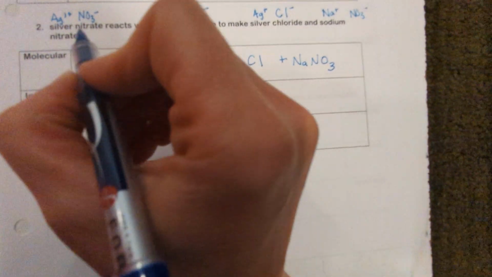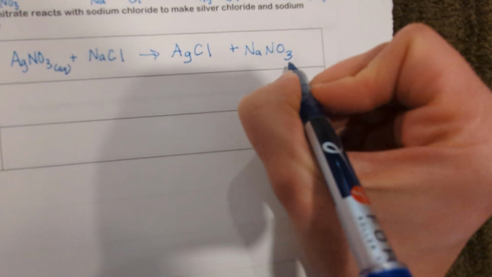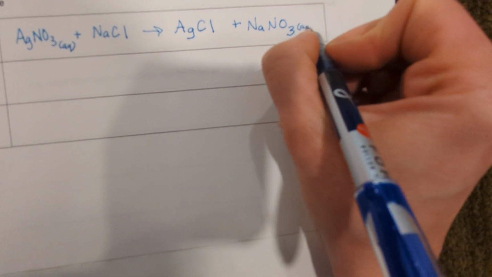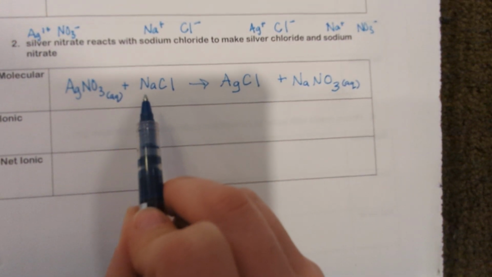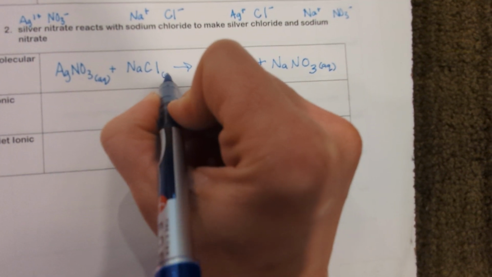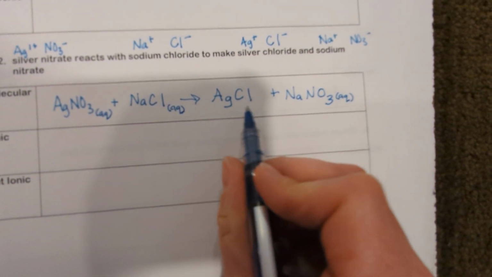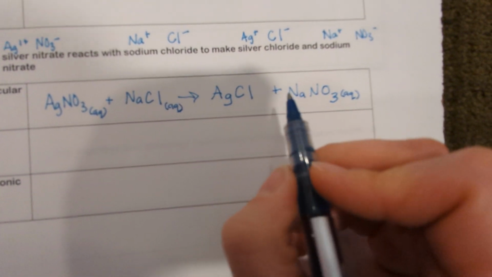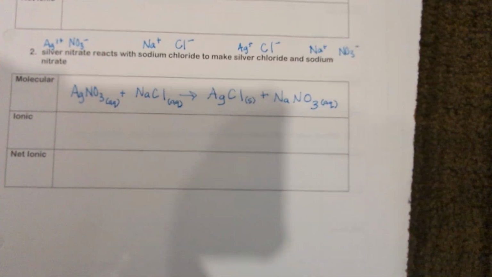I know that if it's nitrate, it'll be aqueous. So I know that that one is aqueous as well. I see a sodium. Whenever I see sodium, any of that first family is always aqueous. Now, chlorides are usually soluble, but if you look at the chart, this one is actually insoluble.